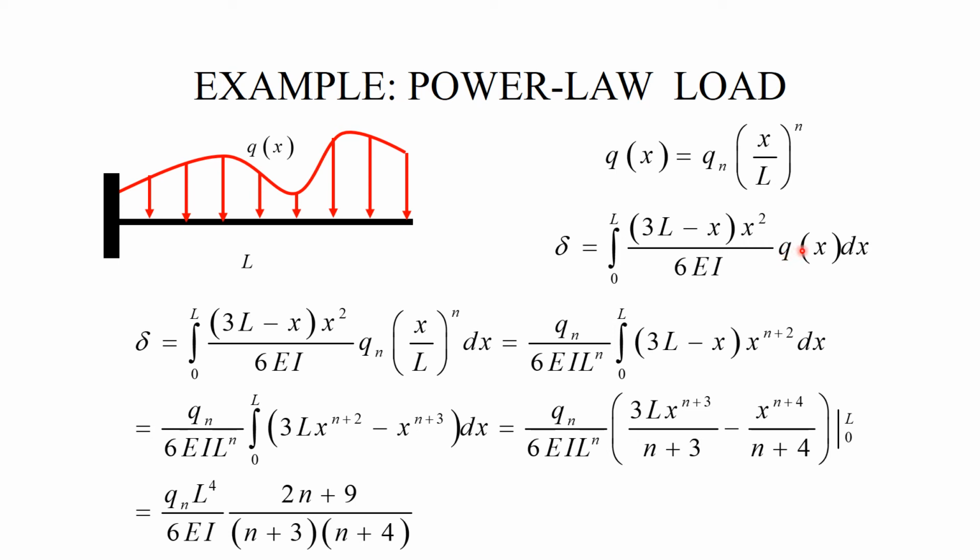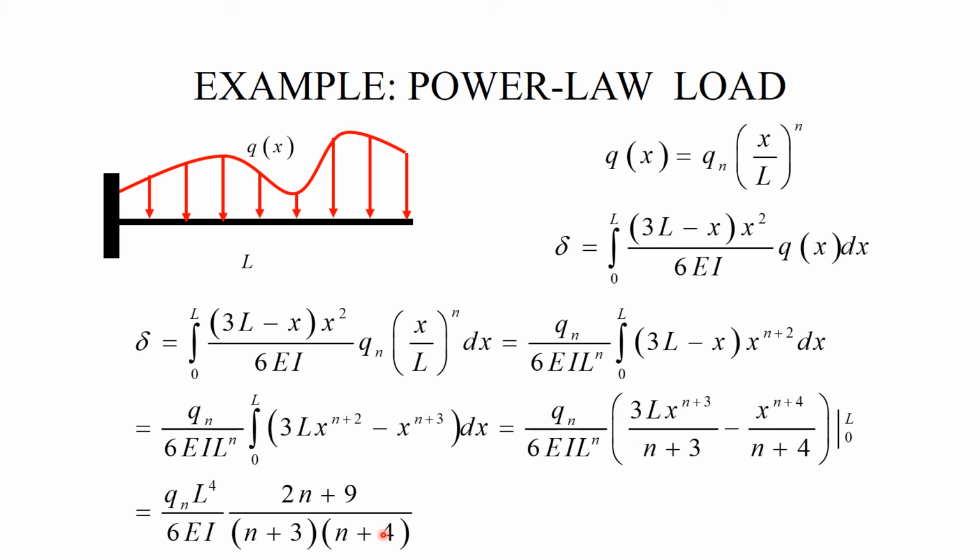Now q of x is replaced by q sub n times x over L to the power n. But we're still integrating polynomials, and the answer is here. All we have to do is integrate powers of x, which is very simple.